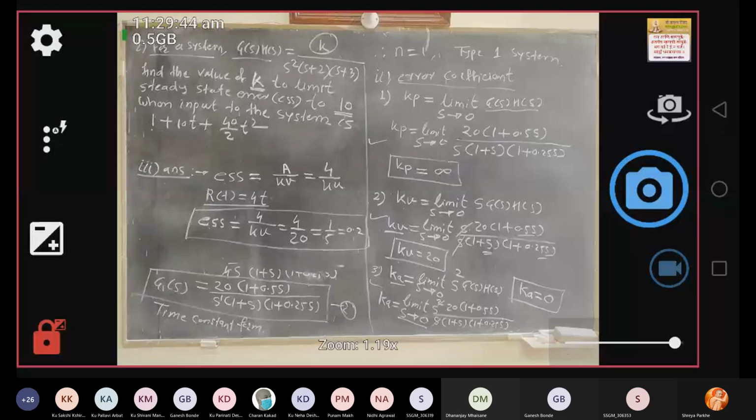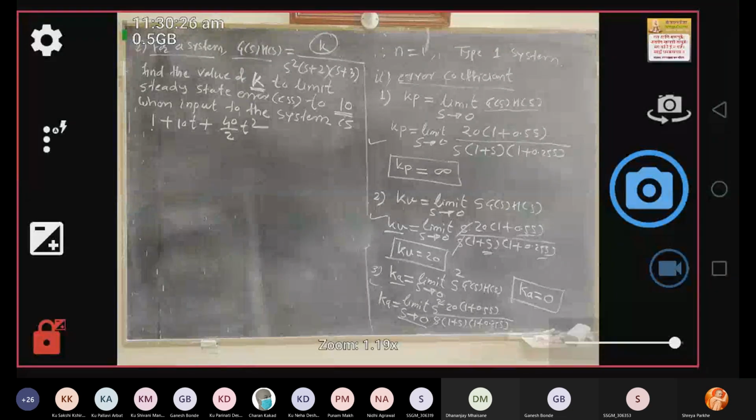So in the previous problem, the value of k is given to you. Okay, so if you consider the previous problem, so this 20 is the value of k. Okay, so here the k value is unknown, that we have to find out. So tell me the process.